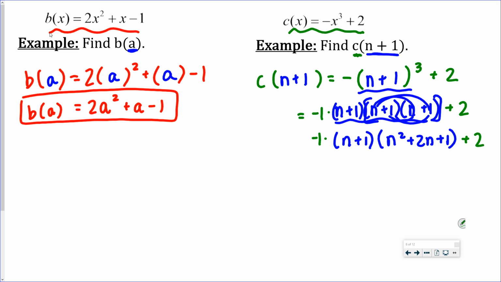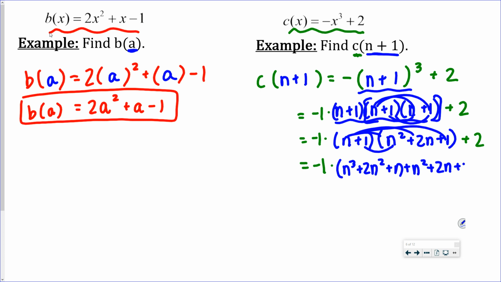Okay, everybody with me? Now I'm going to have to distribute in that next n plus 1. So distributing the n, I get n cubed plus 2n squared plus n. Distributing the 1, n squared plus 2n plus 1.